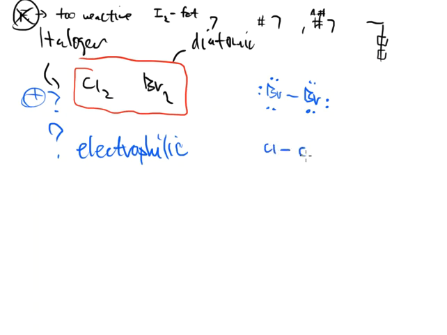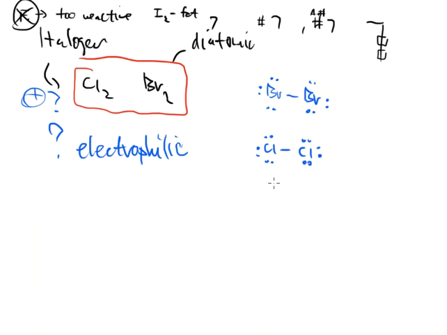And then the Lewis dot structure of Cl2 is also the same. It's right here. These are not unequally shared. They're shared equally all the way around. 6 on one side, 6 on the other. These are non-polar pieces. How on earth can we get positives out of them? Well, maybe.